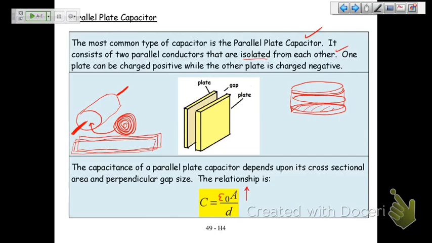And then it depends upon 1 over D, where D is the gap. It's not the diameter, it's the gap. So as the gap gets bigger, the electric field gets smaller. Now, does it go as an inverse square or does it go as an inverse?